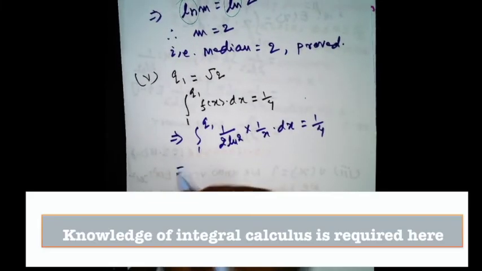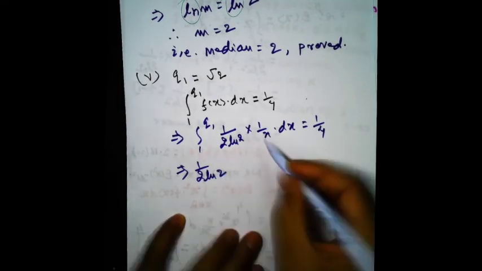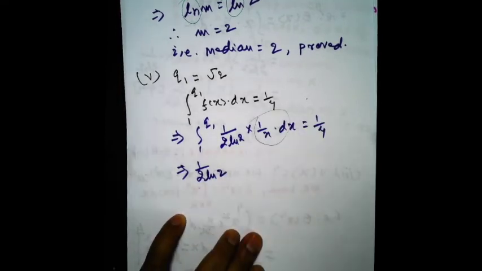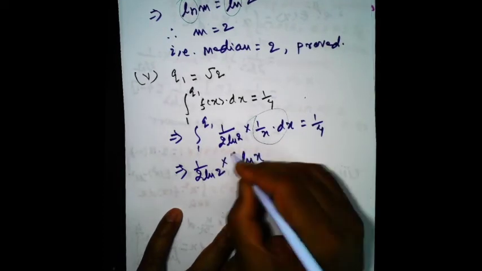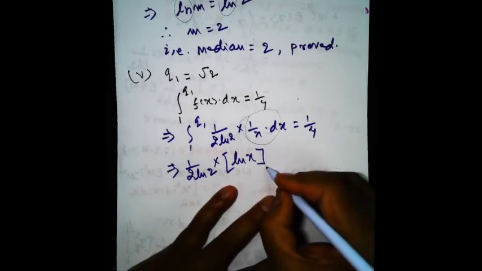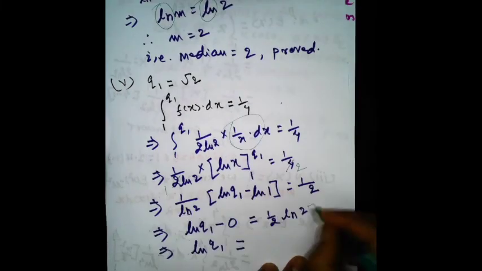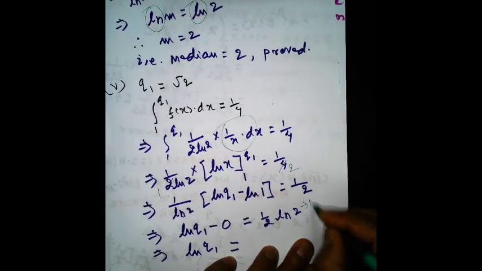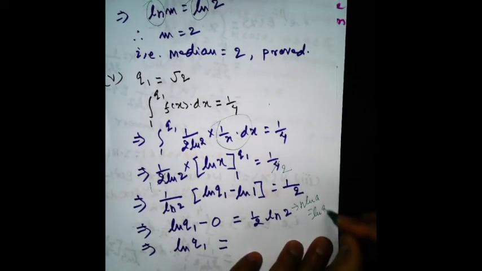So it is 1 by 2 ln 2, and then the integration of 1 by x will be ln of x, but at this time the range of values of x will be from 1 to q1, and that is 1 by 4. For example, if you are given n ln a, then you can write, by the law of logarithm, a to the power n.